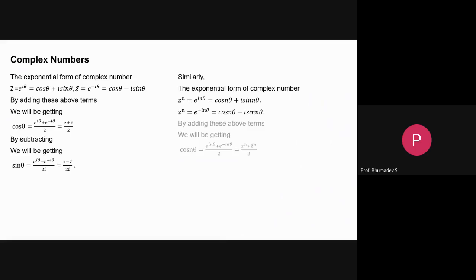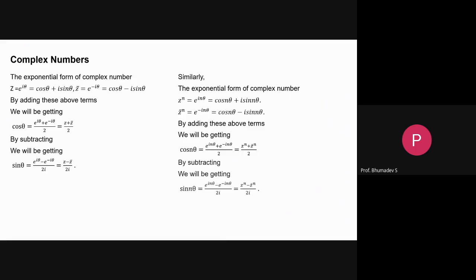When we add, we get cos n theta as z to the power of n plus z bar to the power of n upon 2, and the corresponding exponential representation is e raised to i n theta plus e raised to minus i n theta upon 2.